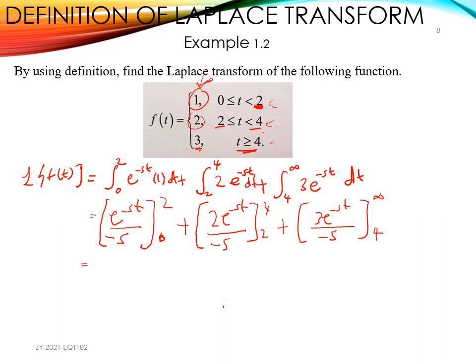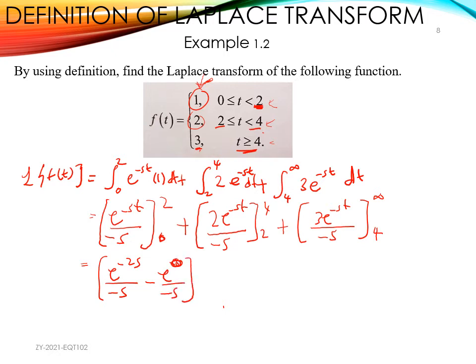So we substitute the limit. We will get exponent negative 2s divided by negative s, minus exponent 0 divided by negative s.